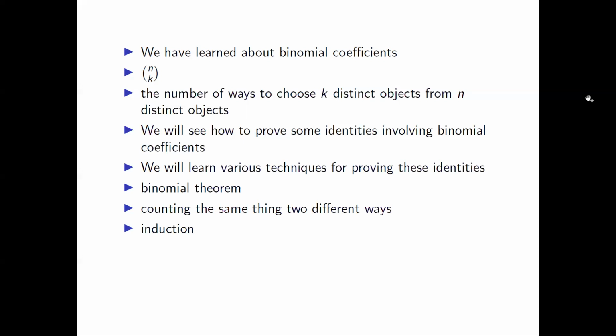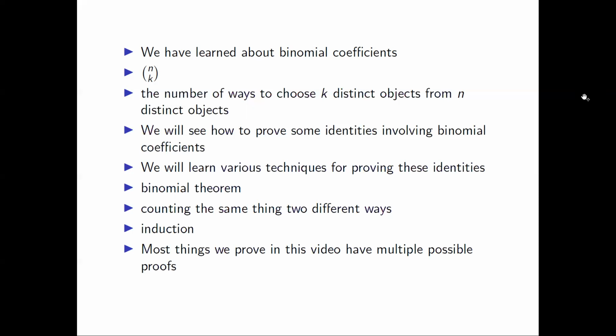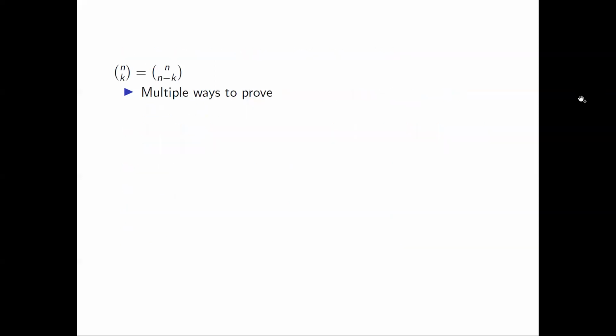And the third technique, we've seen a bunch of this one in the past videos. This technique is induction. We'll see that in this video. And like I said, most things that we prove in this video will have multiple possible proofs. And we'll look at multiple proofs for a bunch of them. And for some of them you can find other kinds of proofs.